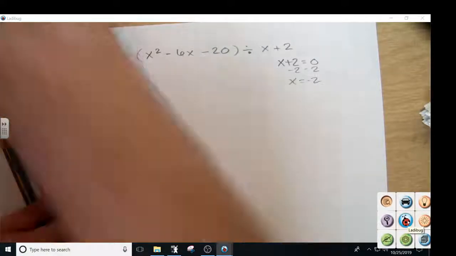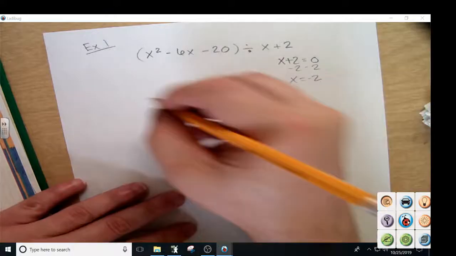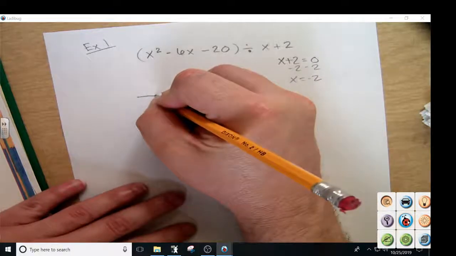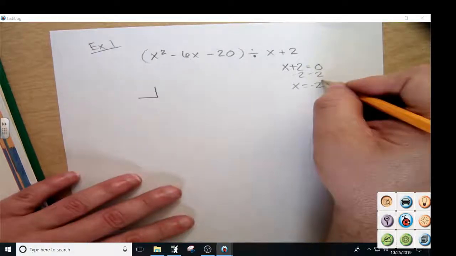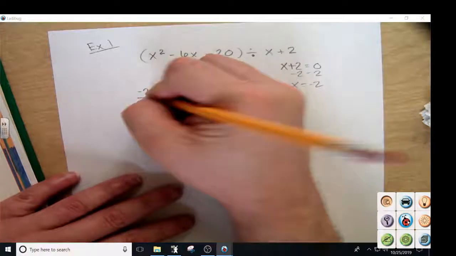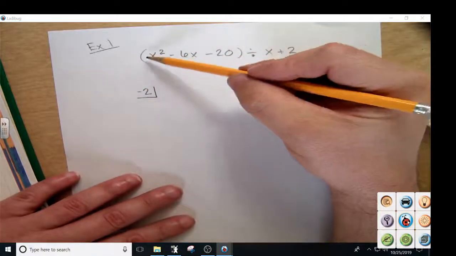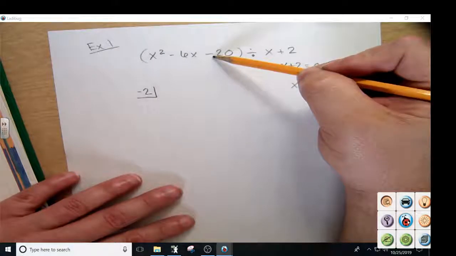Okay. Now we're going to make our synthetic division box here. Make a little box, a little right angle like that. Put this number in that little box. Now you're going to take the coefficients of each term in your polynomial here.